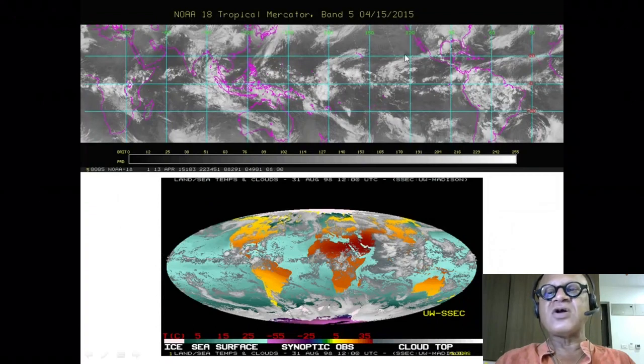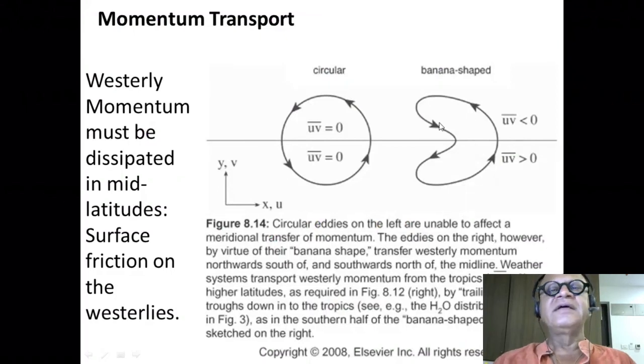So here are our banana-shaped eddies, or the transports happening along these angular features that we see from southwest to northeast, and northwest to southeast in both hemispheres. So the equator is down here. Okay, here is all the continents you can see. So these features that we saw in the satellite before are directly related to this requirement that there has to be a net transport of momentum and energy across latitude lines.